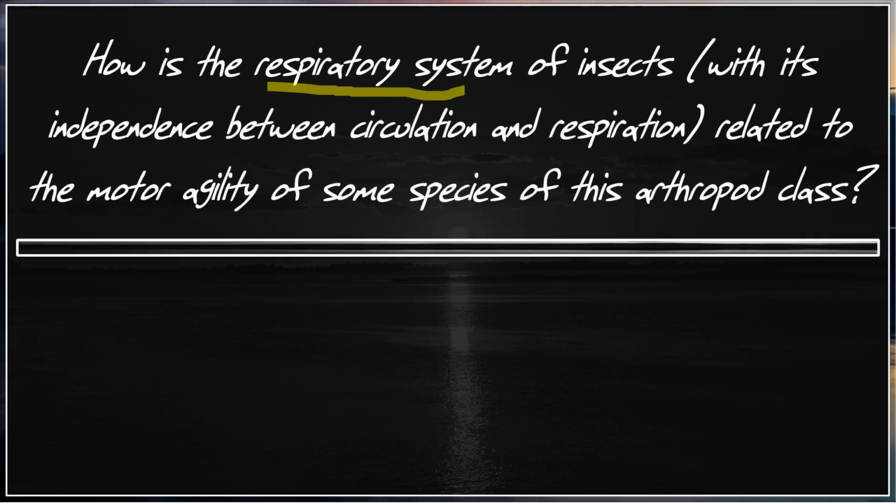How is the respiratory system of insects, with its independence between circulation and respiration, related to the motor agility of some species of the arthropod class?